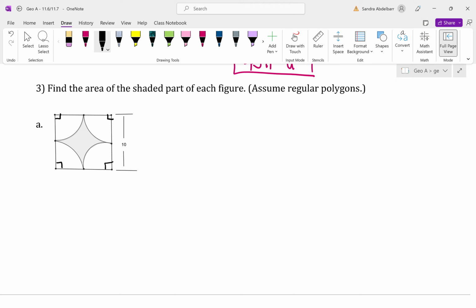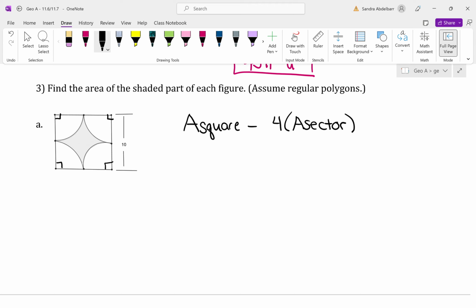How many sectors are there? 4. So for me to find the area of the shaded region, I'm going to find the area of the square minus 4 times the area of the sector. Why am I doing times 4? Because there are 4 sectors.